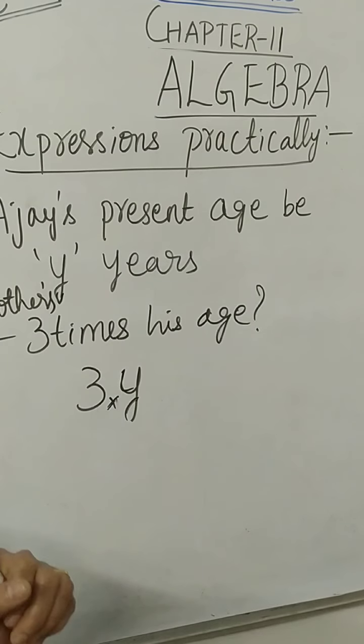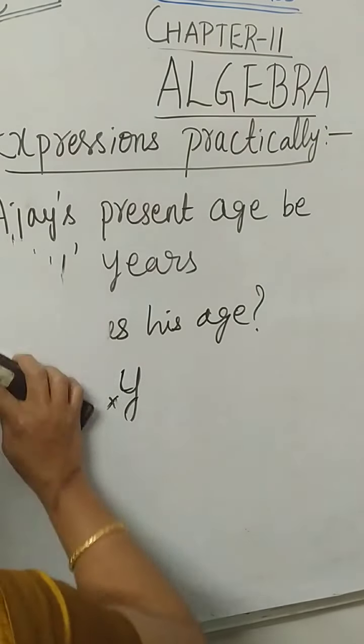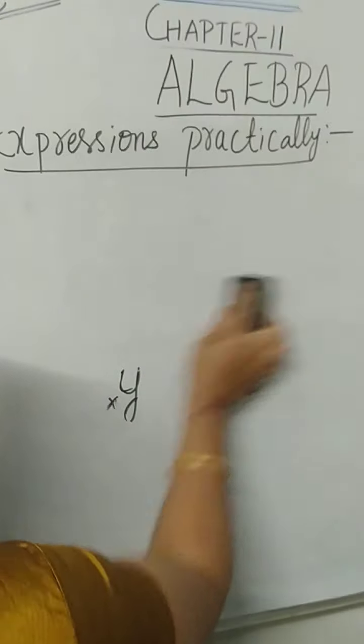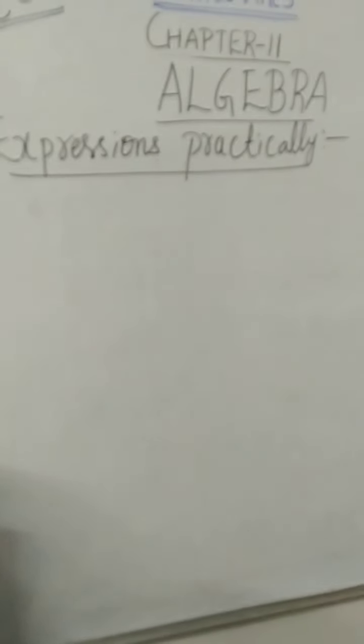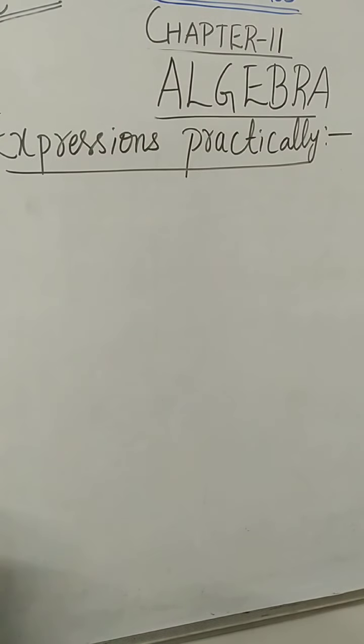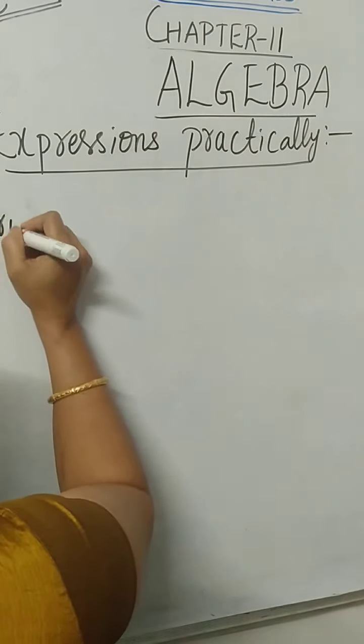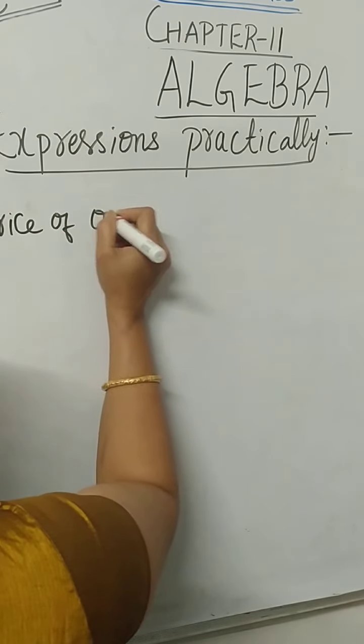I'll give you another example. Look now. Price of oil per liter is 5 times the price of rice per kg. These ones are there in your reader.